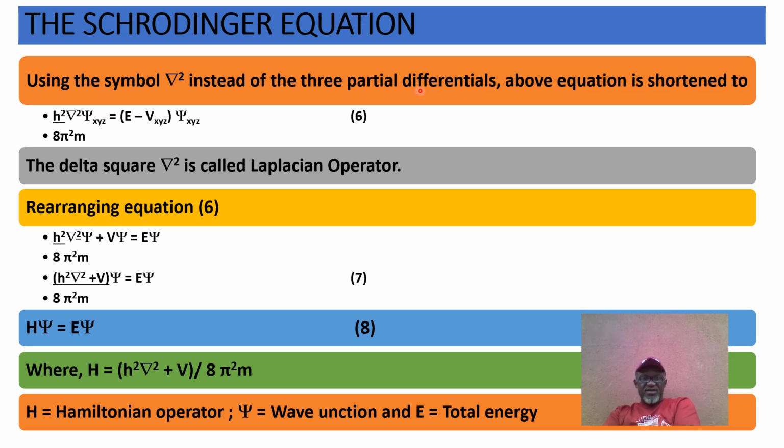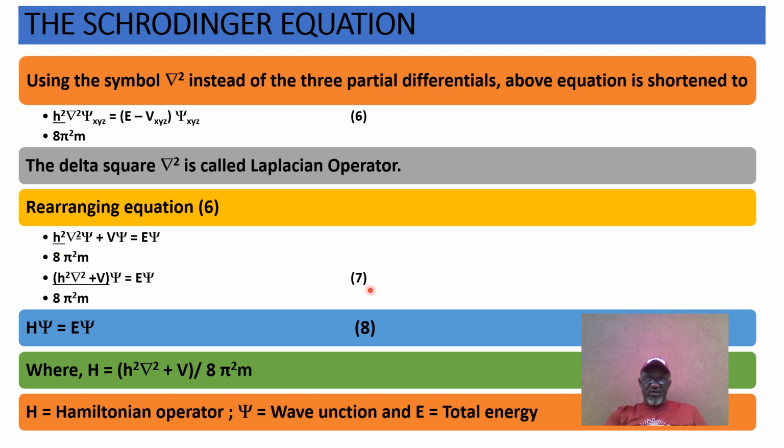We can also have this, instead of using partial differentials, we bring all the del x, del y, and so on partial differentials together, and we use this symbol here, and we call that the Laplacian operator. If we rearrange that equation, we'll get this.